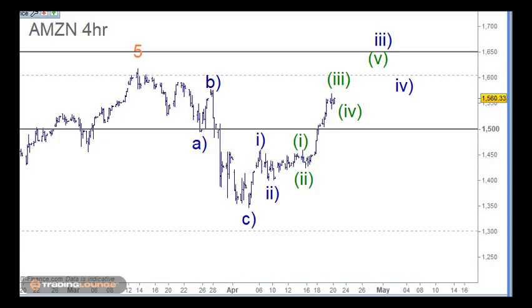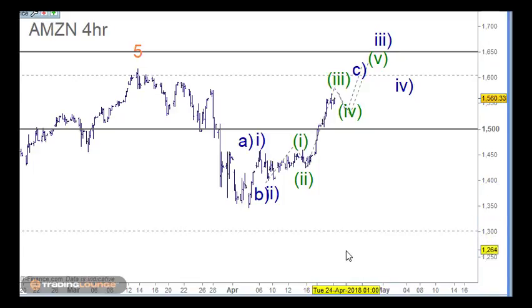Even if we looked at this in terms of an A wave here and a B wave here, and then going up here for a C wave up here, we would still have another move here. We'd need to see a wave 4 and a wave 5 to move up here, because of this 1 and 2 and 3 and 4 and 5 here. Amazon's one of the strongest stocks out there, so it's the one that's picking up the slack and taking things higher.